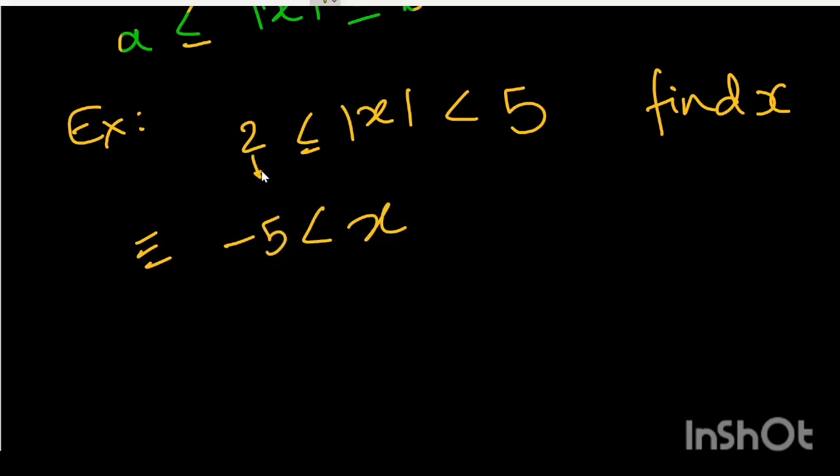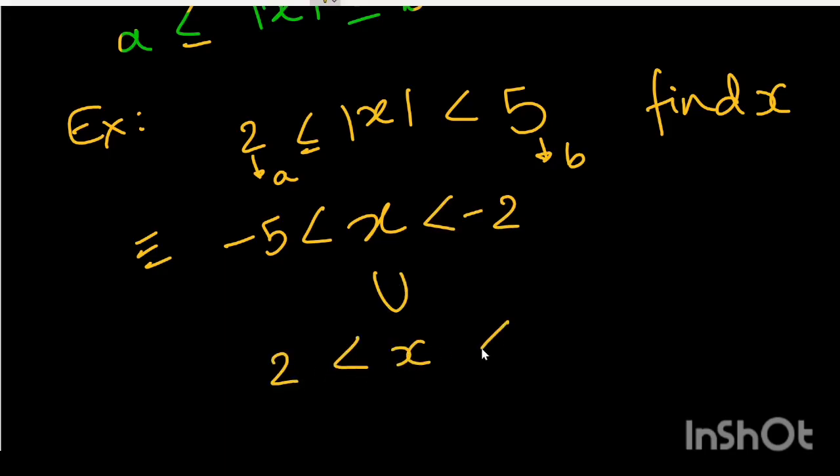See, this is a and this is b, both are positive, b is greater than a. So minus 5 to minus 2, directly you can write, union 2 to 5. Now equality is here, so we will place equality at minus 2 and plus 2.